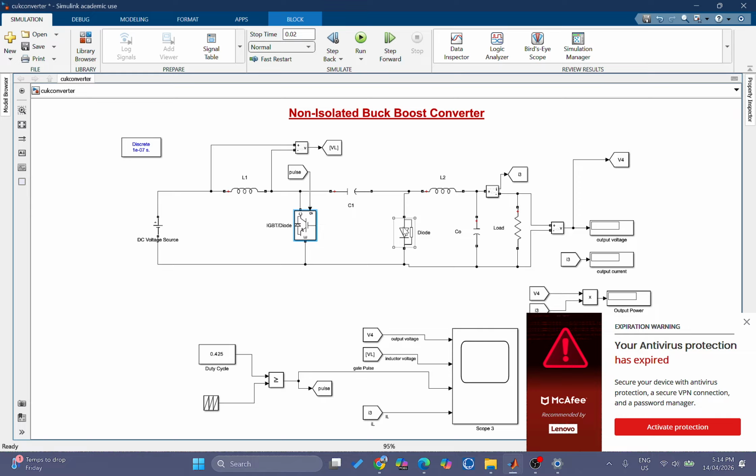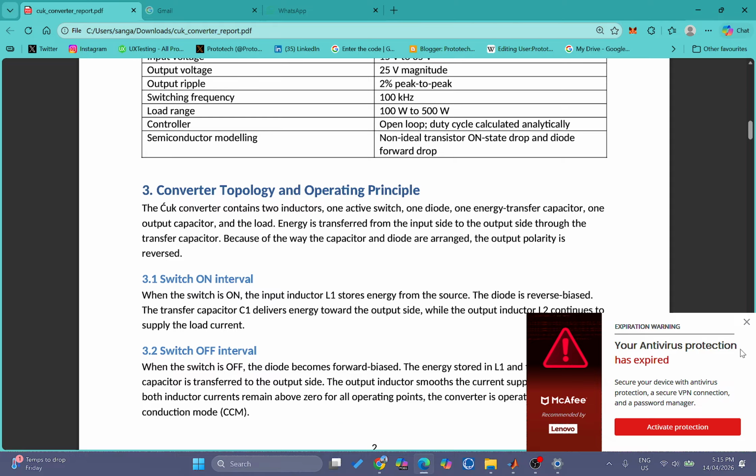And it does have one freewheeling diode placed something like this, and I'm using the capacitor C0 to filter the voltage at the output. Okay, that is the topology.